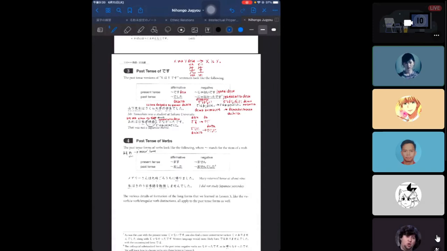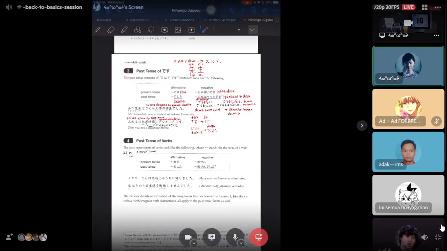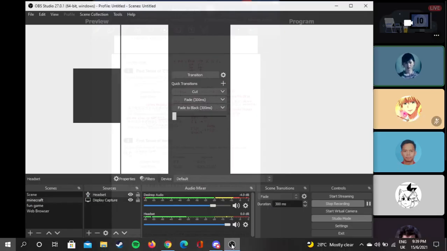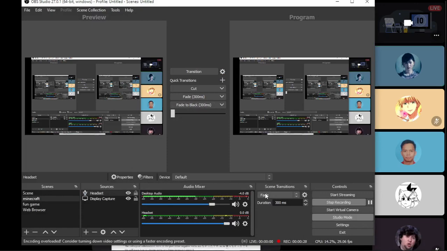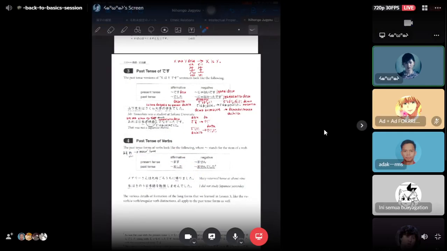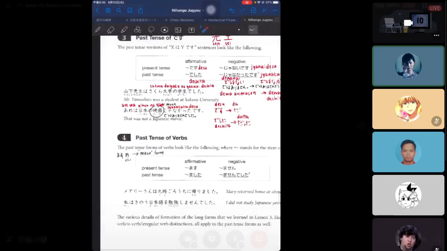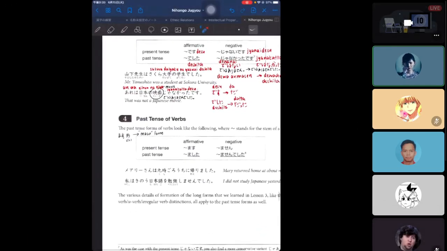Yesterday we learned the grammar for the past tense of desu. Next we will go into the past tense for verbs.